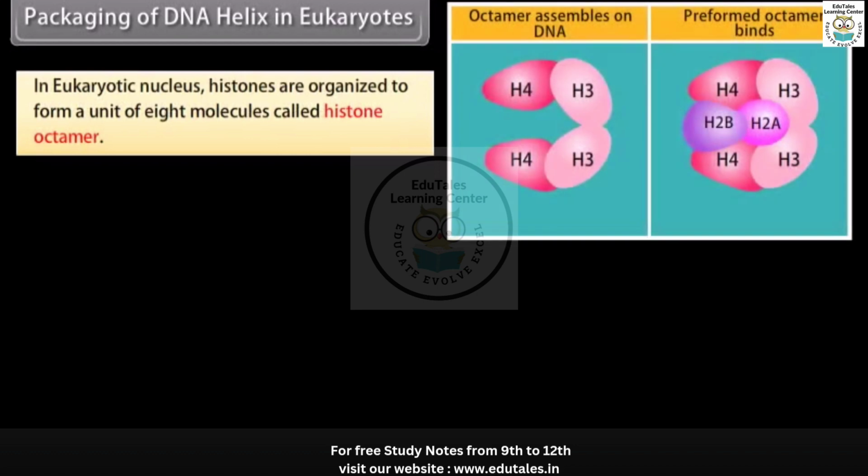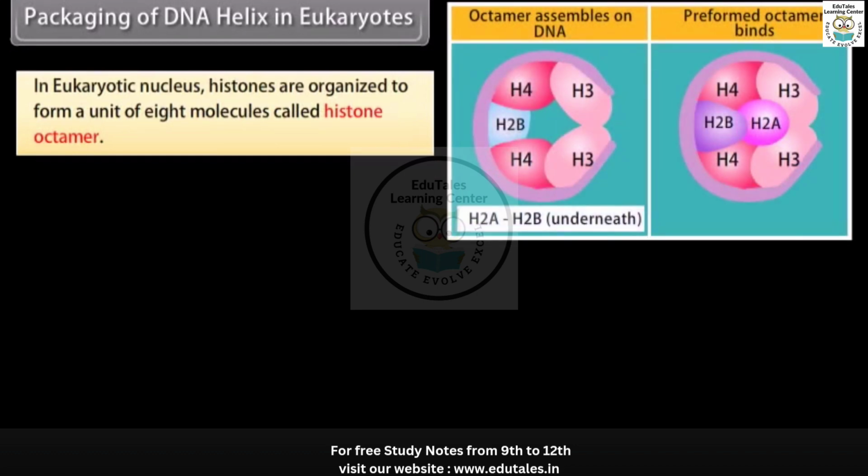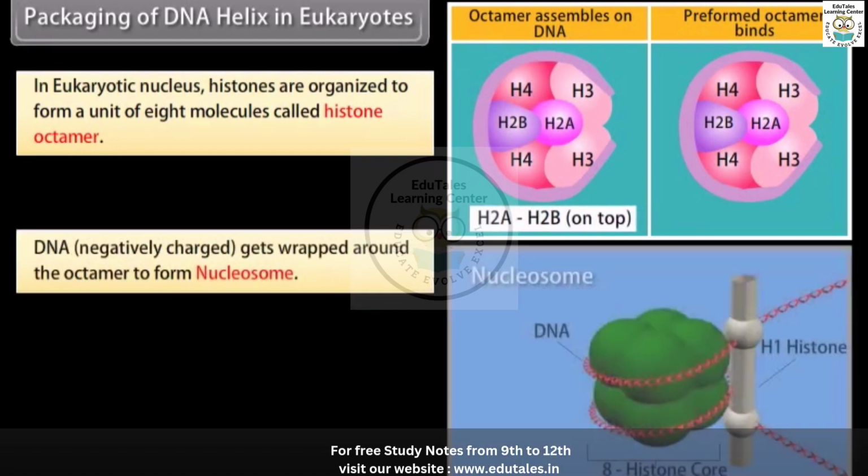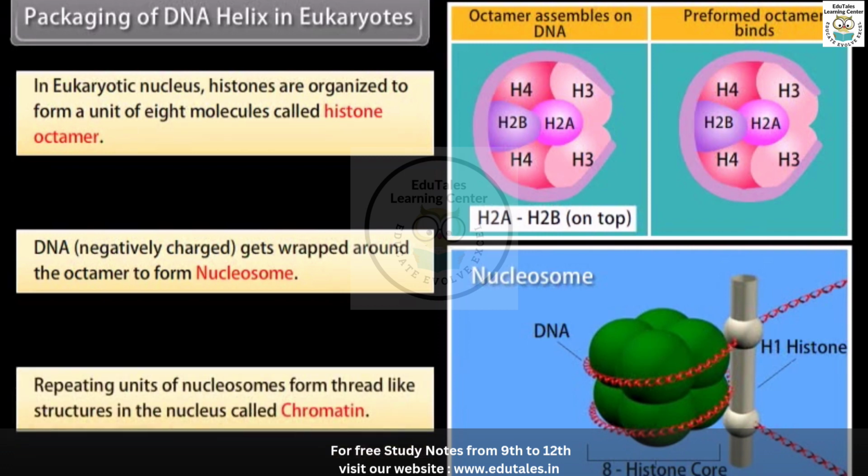Packaging of DNA helix in eukaryotes. In the eukaryotic nucleus, histones are organized to form a unit of 8 molecules called histone octamer. Negatively charged DNA gets wrapped around the octamer to form nucleosome. Repeating units of nucleosomes form thread-like structures in the nucleus called chromatin.